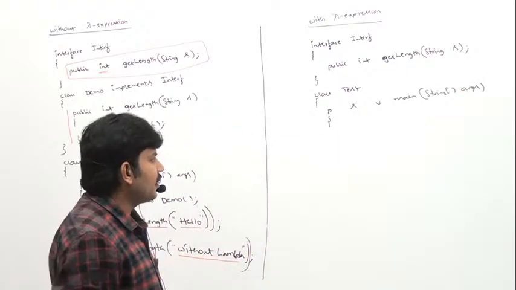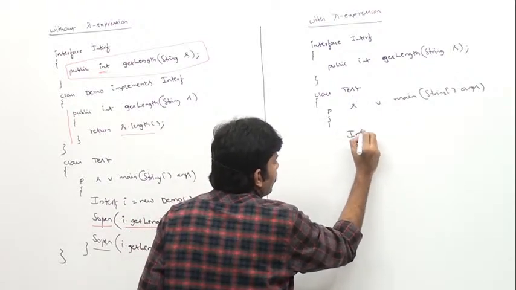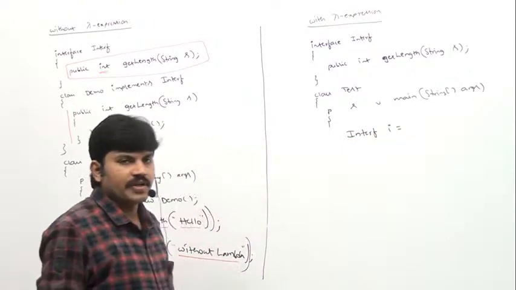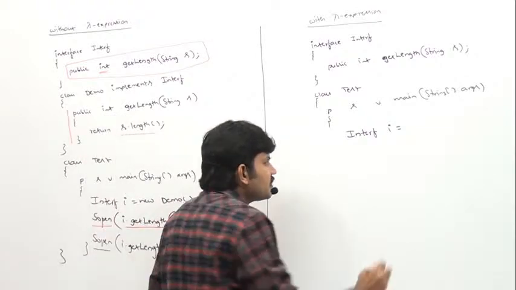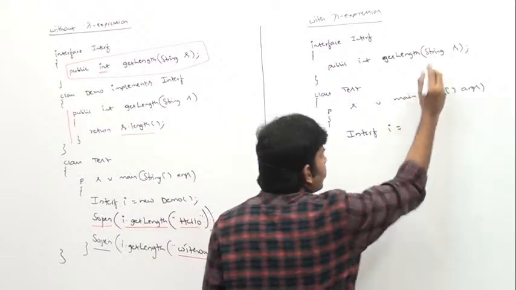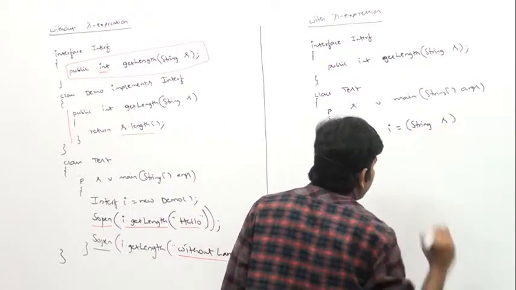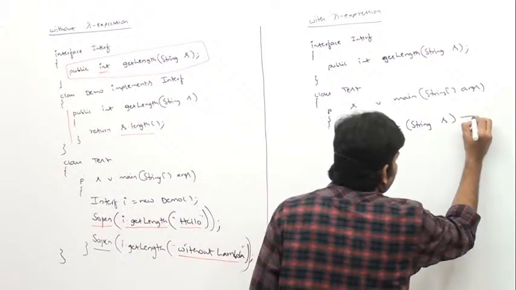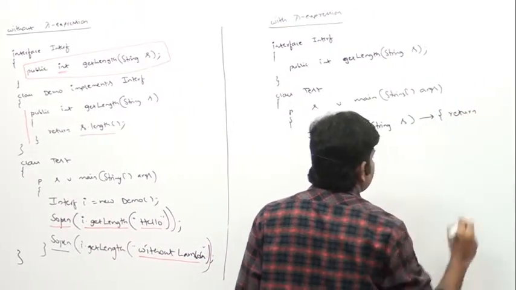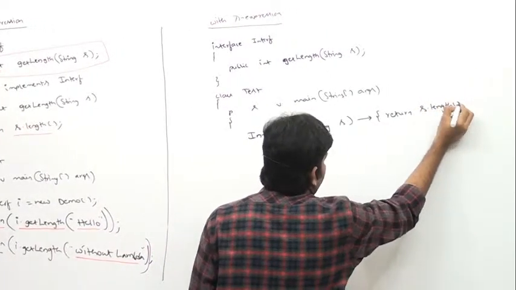Sir, my requirement here is, observe that. Sir, I want to implement interrupt I is equal to, it's always going to take a string s argument, string s, and I'm just taking return s dot length.